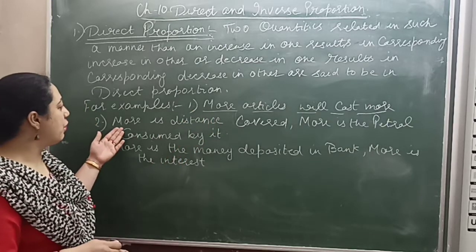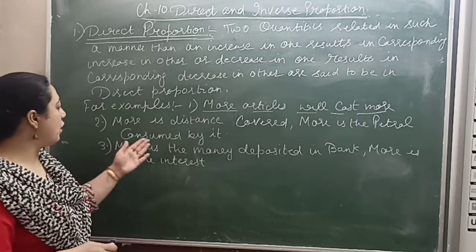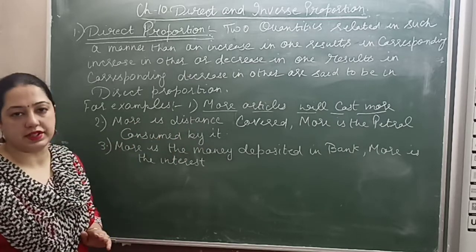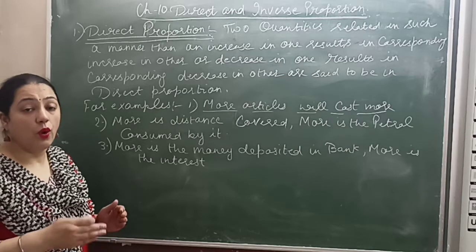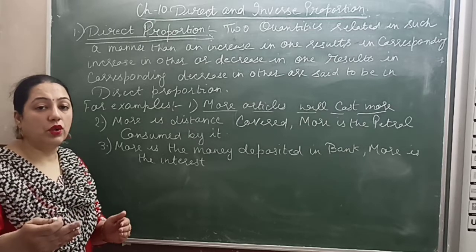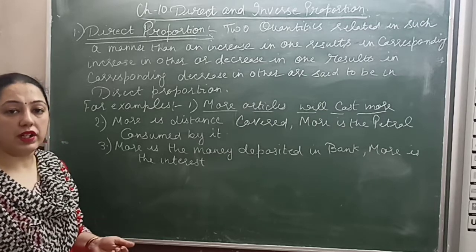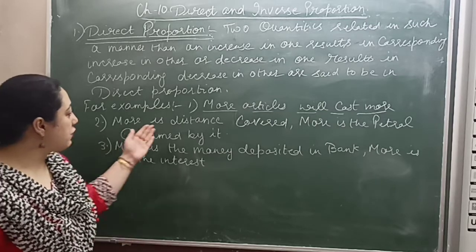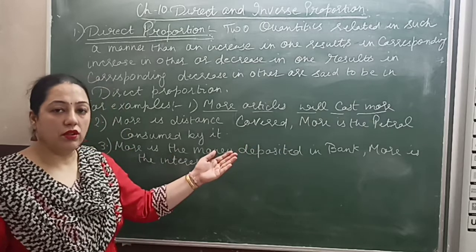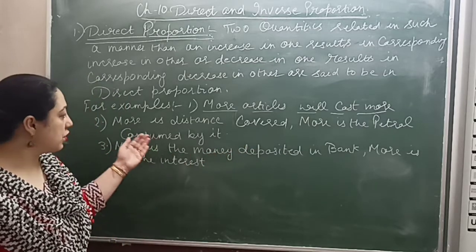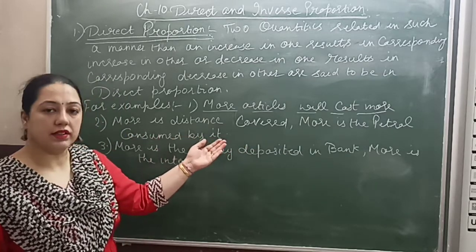Second example: the more the distance covered, the more the petrol consumed. Whenever you go from one place to another, you need petrol in order to drive a vehicle. If you have to cover more distance, then more petrol is required. So this type of variation is a direct variation.